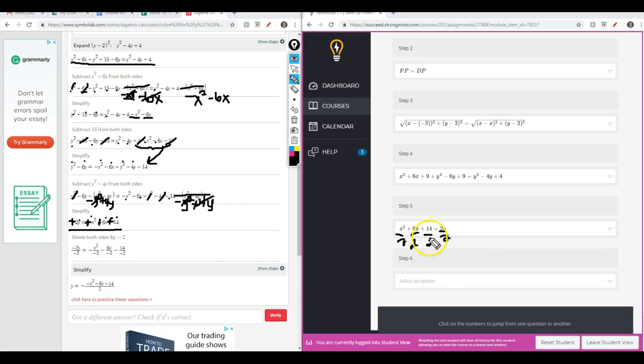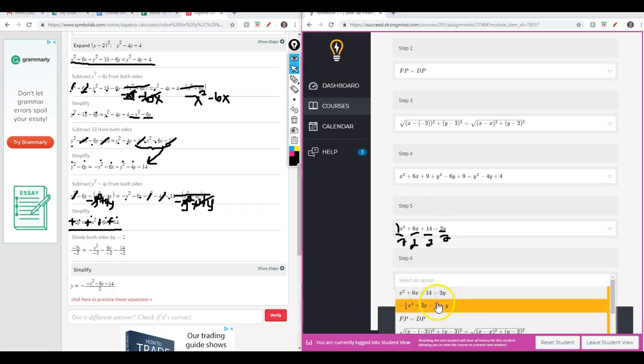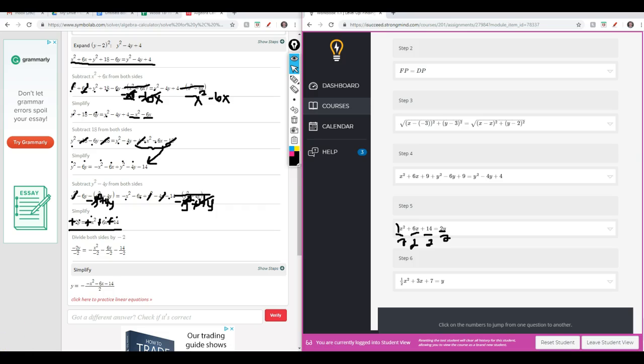For our step 6, they do want us to actually reduce this. So this has an implied 1, so this will be 1/2. 6 divided by 2 is 3. 14 divided by 2 is 7. And 2 divided by 2 is 1. So this will end up being 1/2 x squared plus 3x plus 7 equals y. And that's how you would go through this.